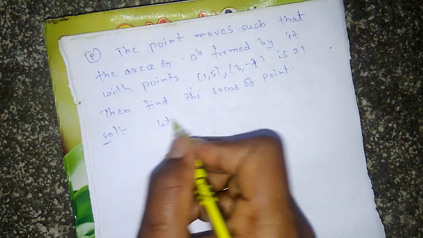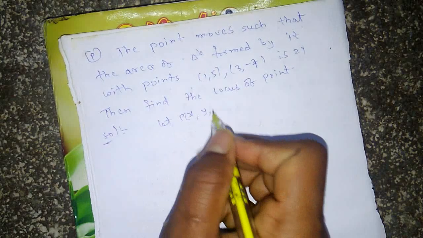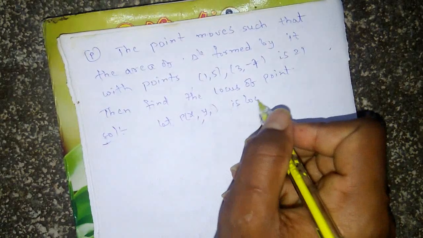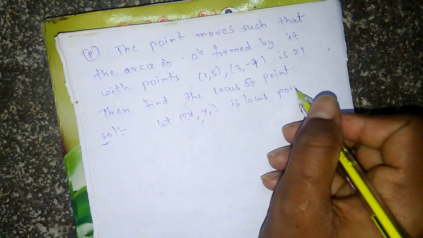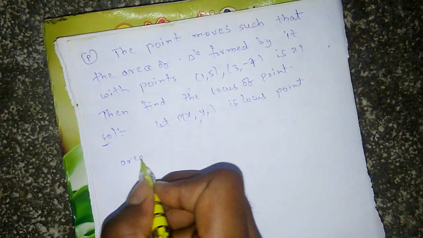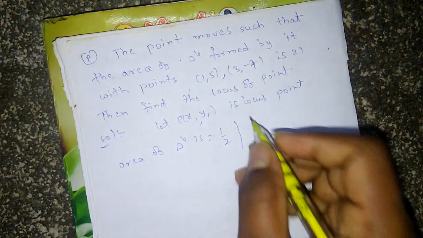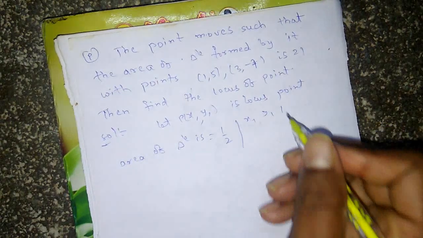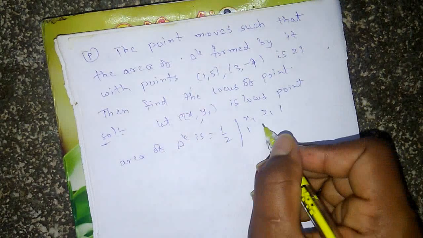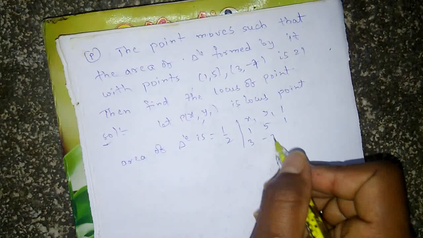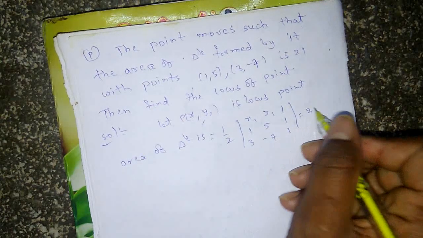Here let us take P(x1, y1) as a point in the locus. Area of the triangle is half into mod of the determinant with rows x1 y1 1. Here the points are (1, 5, 1) and (3, -7, 1). This area is given as 21.